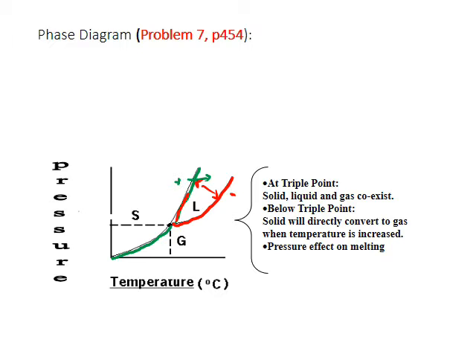Now let's put down some of the numbers and then we'll go from there. The triple point, where the solid, liquid, and gas curves meet, should be about 180 Kelvin. Rather than degrees centigrade, I think in the book these are all in Kelvin.